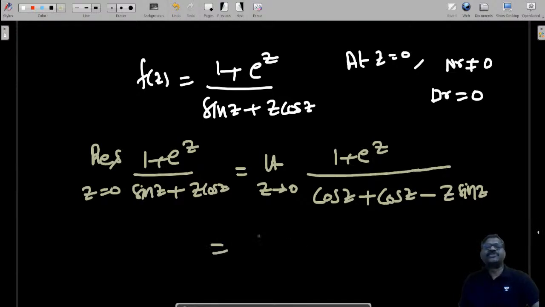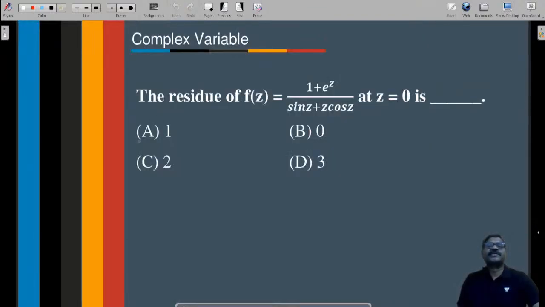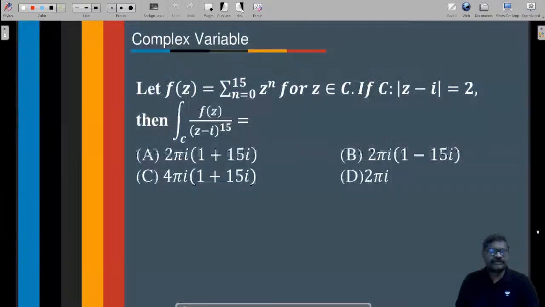When z tends to 0, the numerator is 1 plus 1, and the denominator is 1 plus 1 minus 0. 2 by 2 is 1. So the residue is 1. First option is correct. Understood? Next problem.